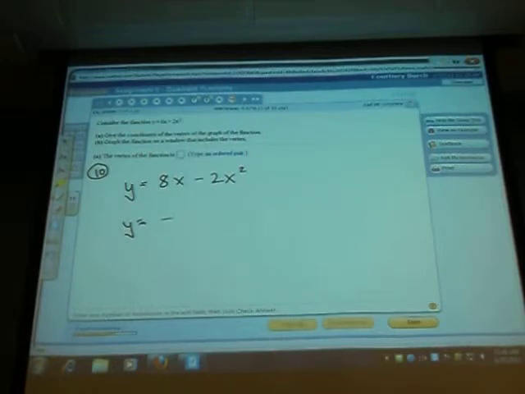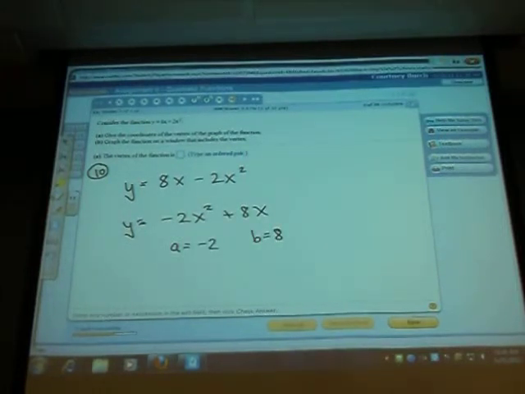You don't have to, but if I put my x squared first, it would be -2x squared plus 8x. Now there's no C in this problem, so you can just assume C is 0. So that would be in standard form. So I can say my A is -2 and my B is 8.